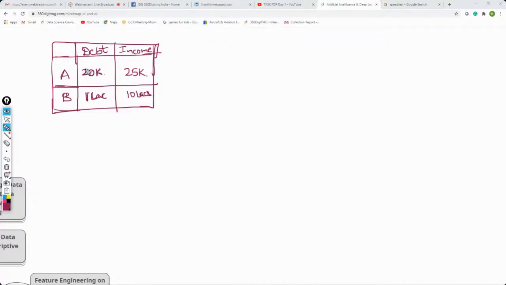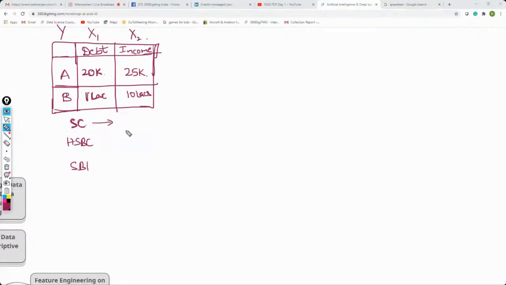A few banks still rely only on CRISIL or CIBIL score. They are substandard banks. I'll give you an example of three banks. Say you have HSBC Bank, State Bank of India, and Standard Chartered. You want to predict whether to lend a loan to a person or not, given these two inputs.